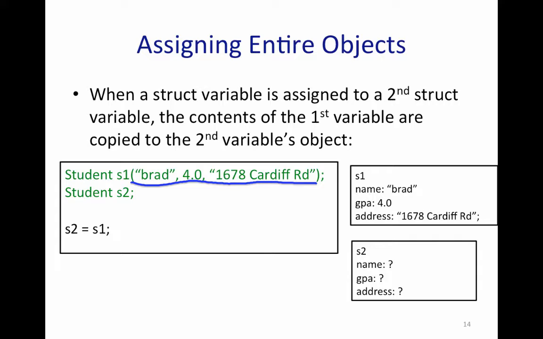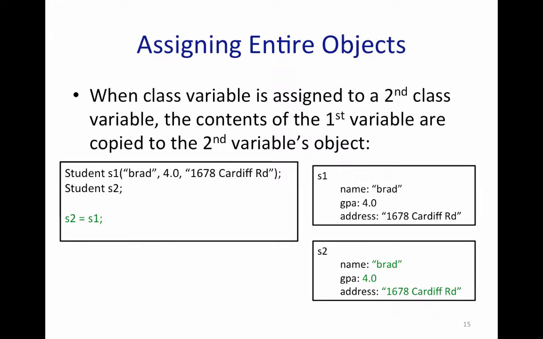But then you can do this assignment, and it simply copies the contents of S1 to S2. So when we execute that statement S2 equals S1, it copies them into S2. So it's a complete copy.